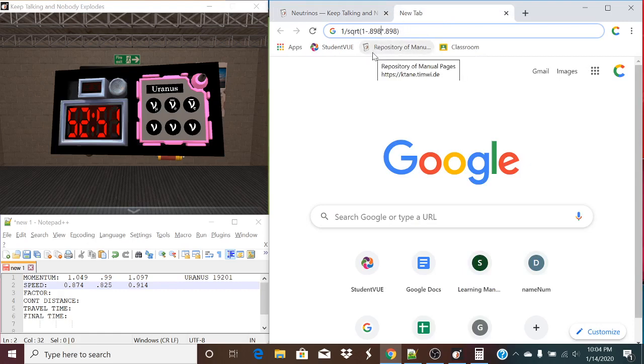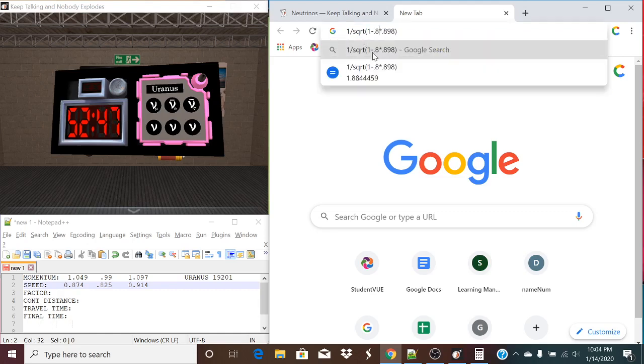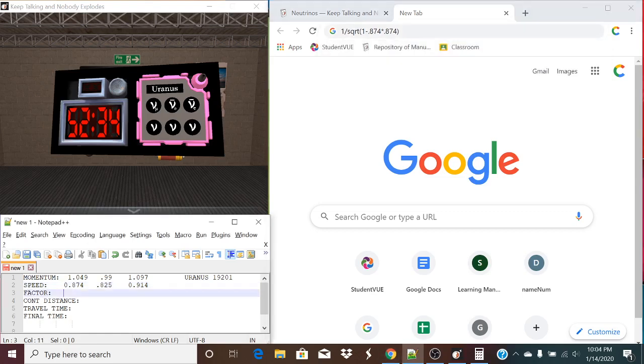In this case, our speed for the first one is going to be 0.874. We have to plug that in for both of them. That gives us a value of 2.058. Let's not forget to round here. 2.058 for our first one.